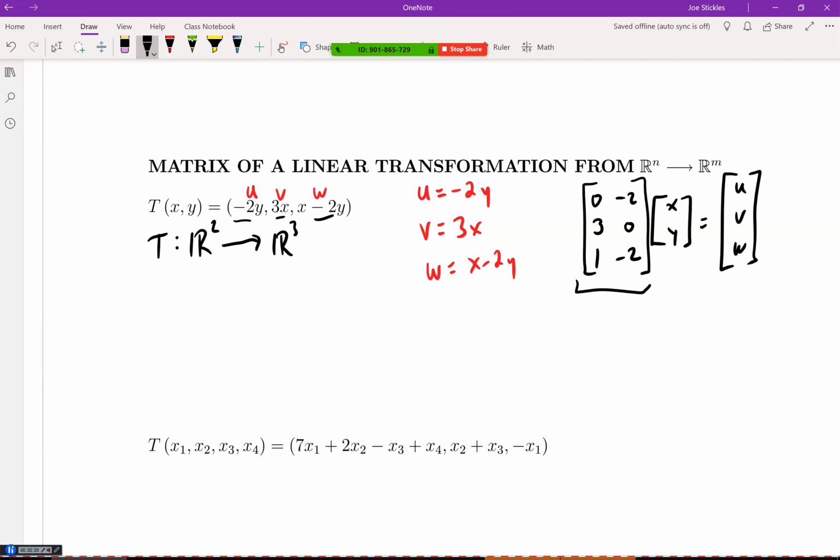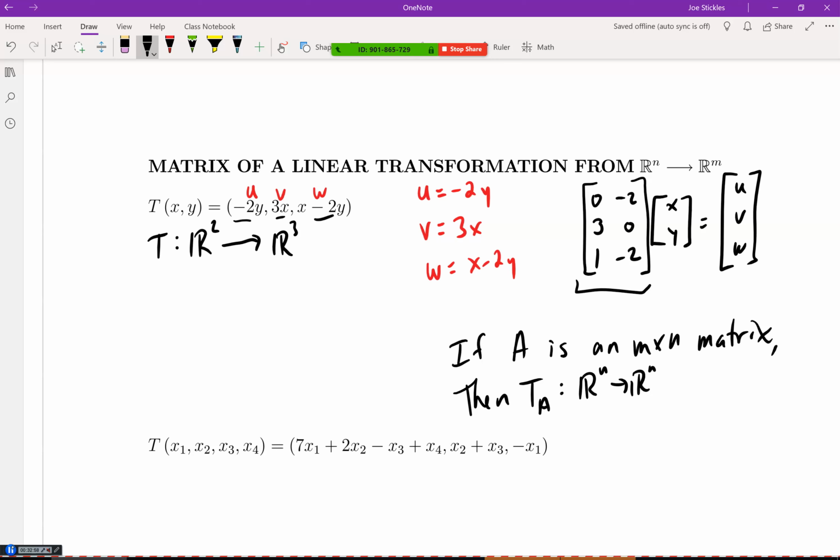A lot of times the book will just call this matrix A. So when you write it this way, if A is this matrix, and let me give us dimensions here, let's say it's an m by n matrix, then T sub A goes from Rn to Rm.